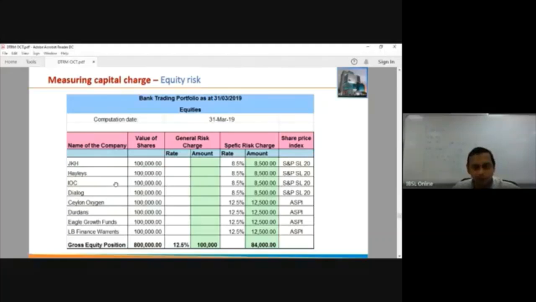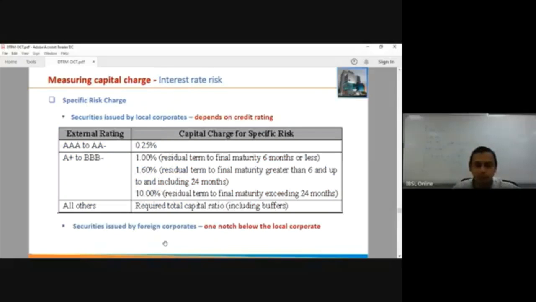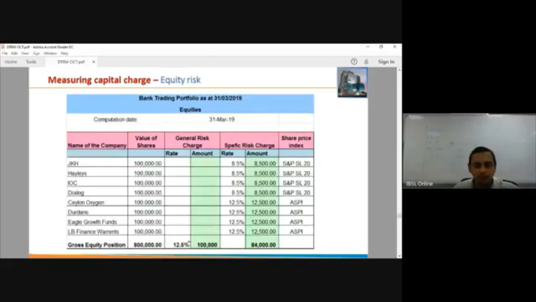You take the entire portfolio of investment in the trading book and apply your capital adequacy ratio. It could be 12.5% or 14%, depending on whether it's a DSIB or non-DSIB. For my example, I have taken a normal bank, so this is 12.5%. So multiply your total value by the capital adequacy ratio, then you get the general risk charge.